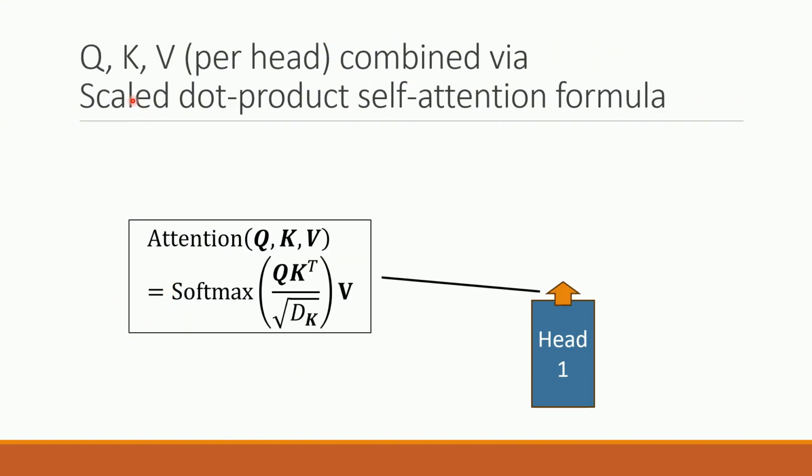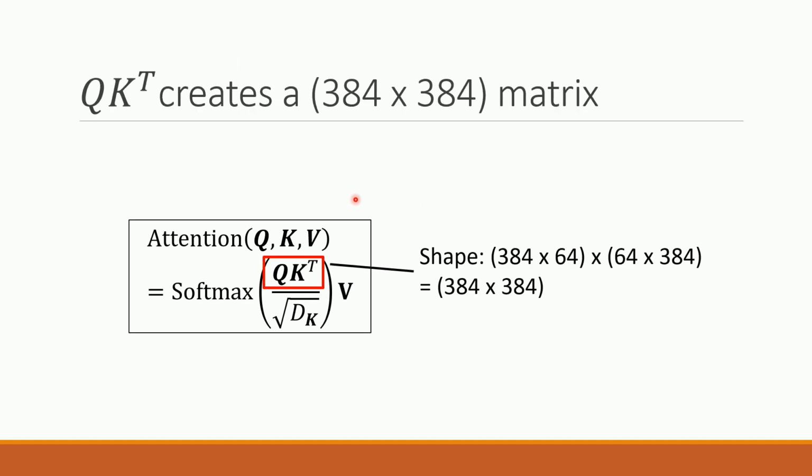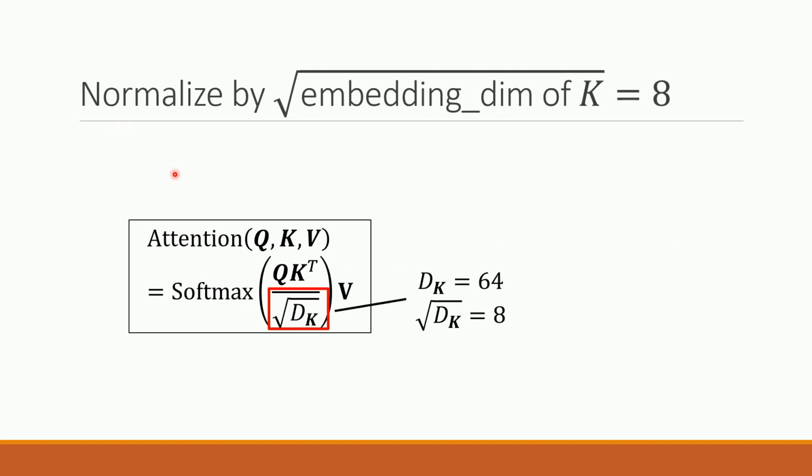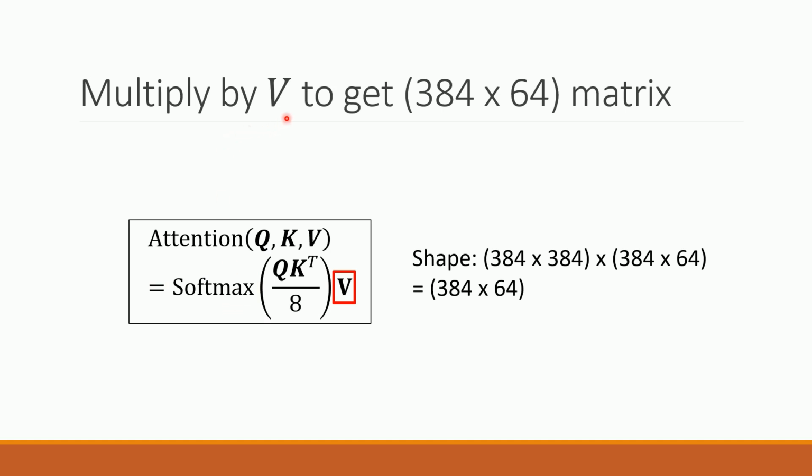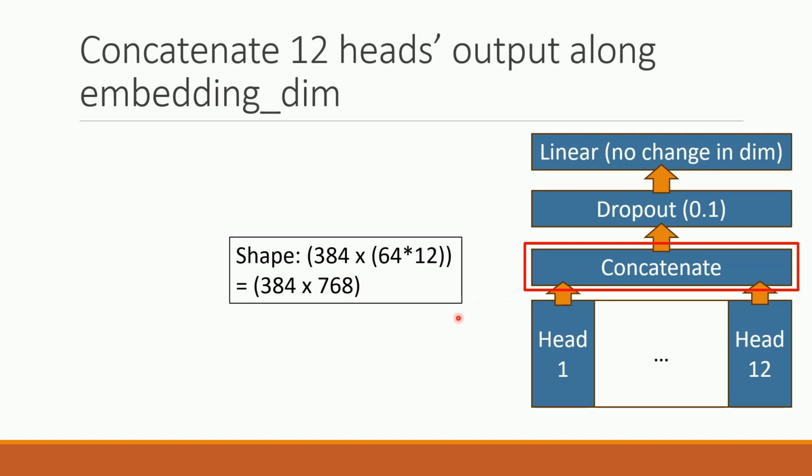And then you apply the scaled dot-product self-attention to combine all these QKV matrices. So this is just running through Q times K transpose, normalized by the square root of the dimension of K, softmax row-wise, and then you multiply by matrix V to get this matrix.